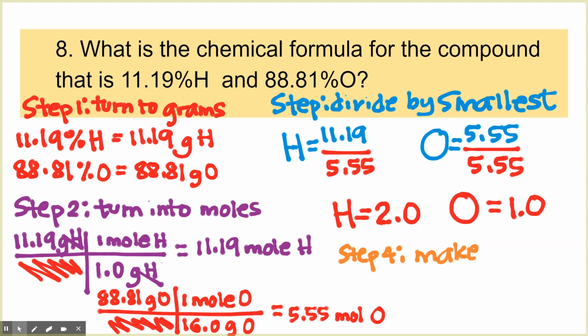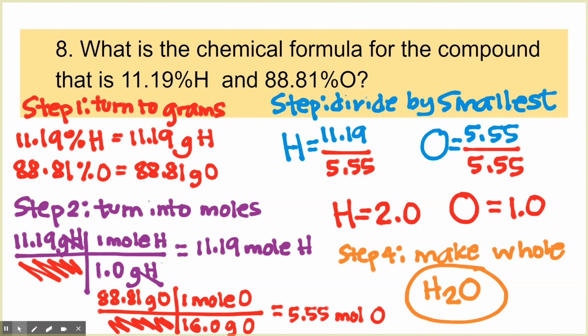Those answers become your subscripts. So the answer here is H2O1, but 1 is always invisible in chemistry, so the answer is H2O. That is the chemical formula for this problem.